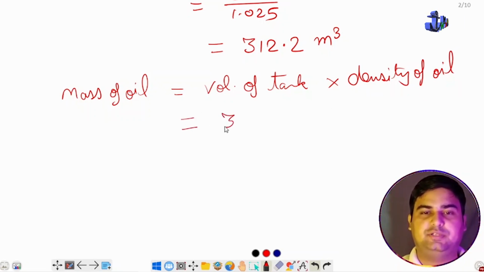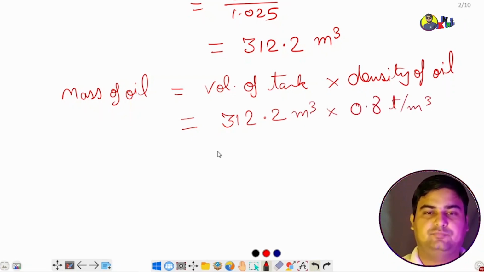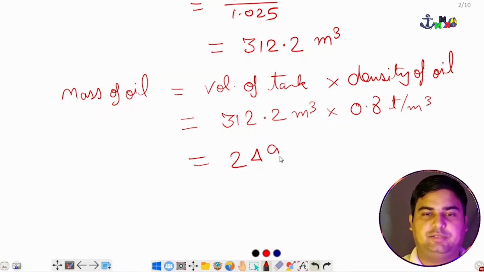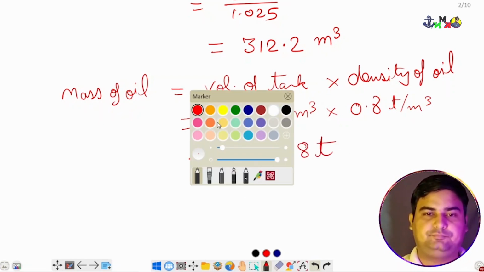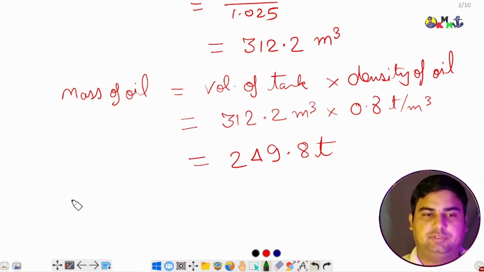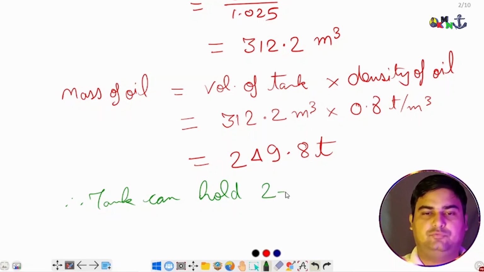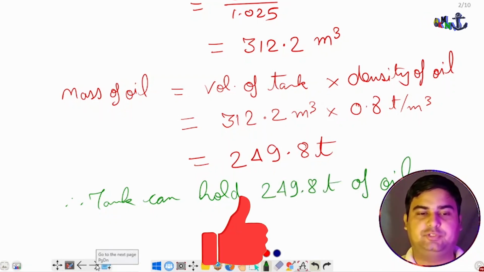So volume is 312.2 meter cube into density, 0.8 tons per meter cube. So it will give you 249.8 tons of oil. Therefore the tank can hold 249.8 tons of oil. We'll move forward to the next question.